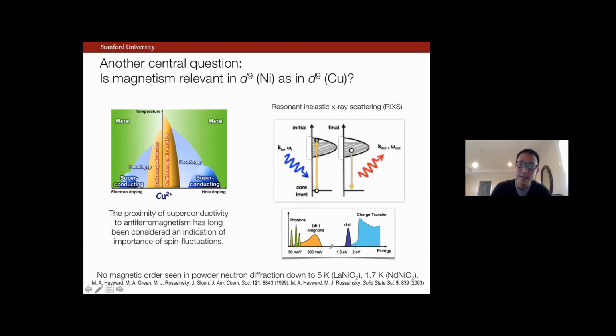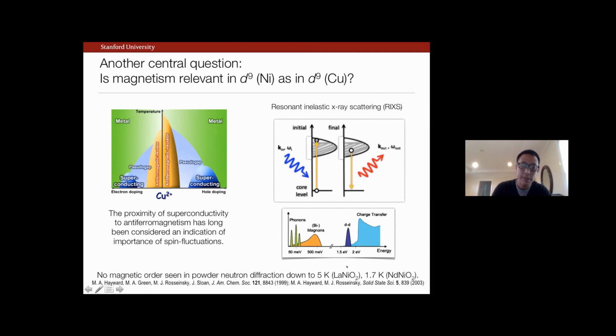In a word, this is an X-ray in, X-ray out process on a resonant transition by which you can, among other things, access scattering by collective bosonic modes of the system. And so we're, of course, interested in the magnons here.